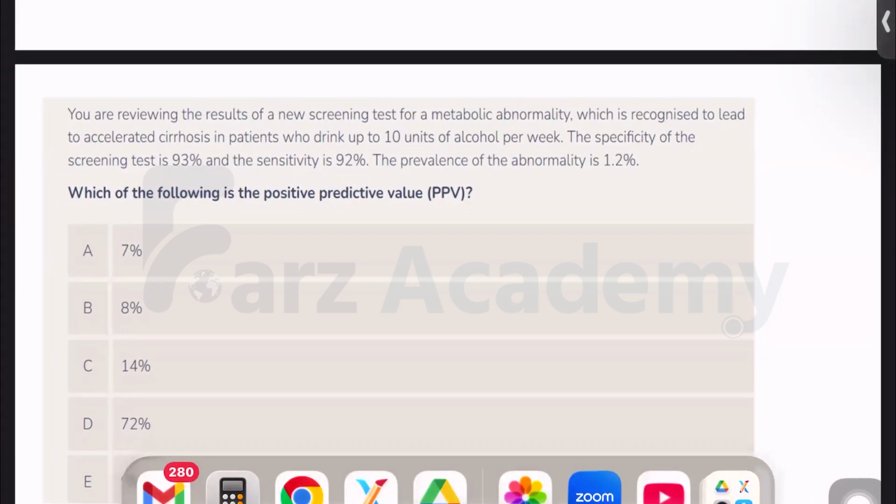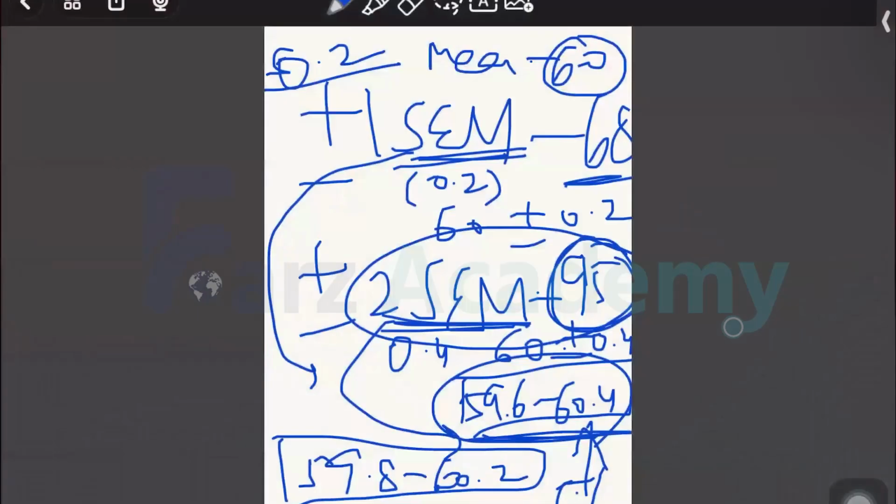Let's draw a 2 by 2 table and just note down. Sensitivity is 92, specificity 93, prevalence is 1.2. Yes, is anybody able to draw the table: test positive, test negative, total, disease positive, negative, total?